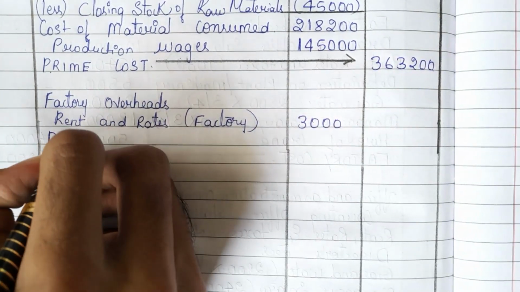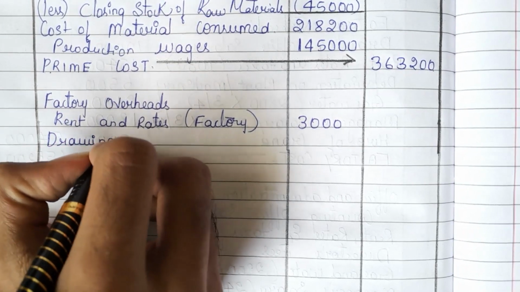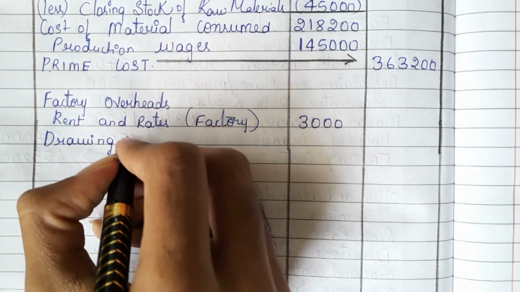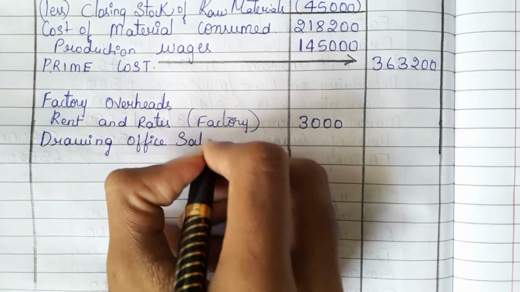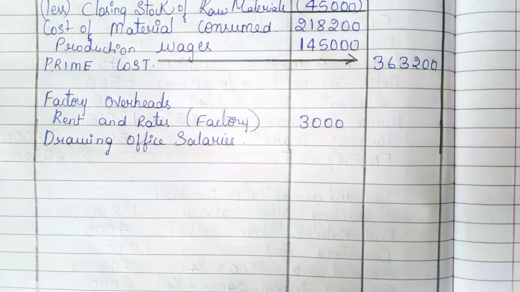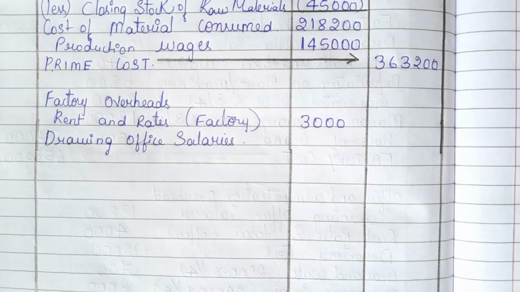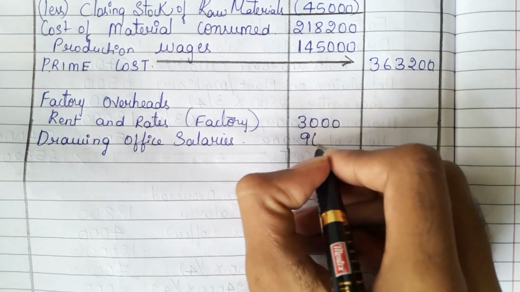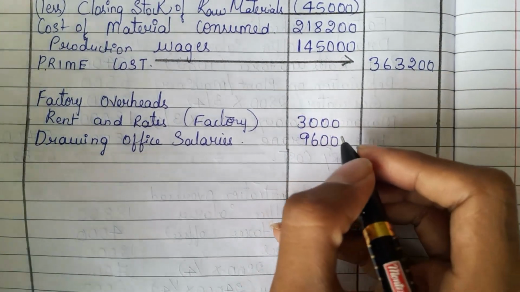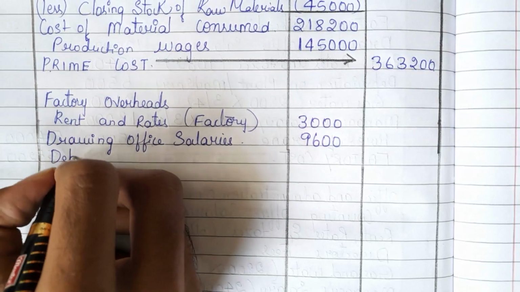Then we have drawing office salaries. This is a book production company, so of course drawing requires creativity. Those people you would have hired for your factory, those people's salaries are known as drawing office salaries. How much are the drawing office salaries? It is 9,600.